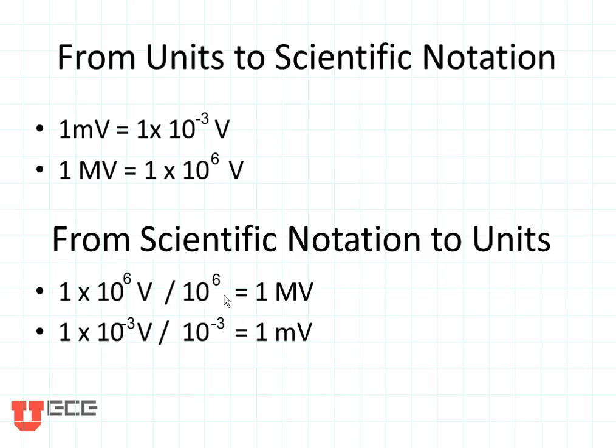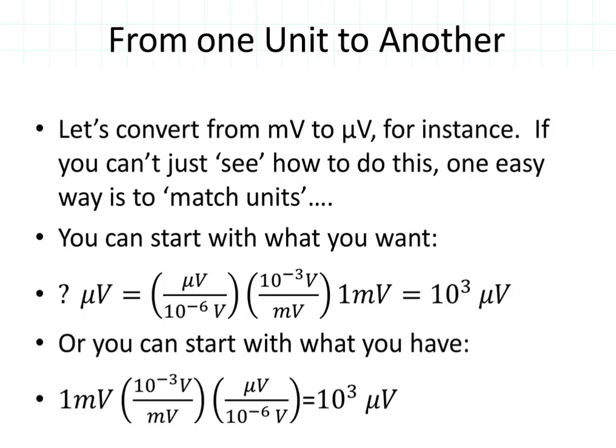Mega, for example, is 10 to the 6th, so we divide by 10 to the 6th. 1 times 10 to the 6th is going to give us 1 megavolt. Let's do this for millivolt. 1 times 10 to the minus 3 volt, divided by the 10 to the minus 3 which is associated with the millivolt, is going to give us 1 millivolt.